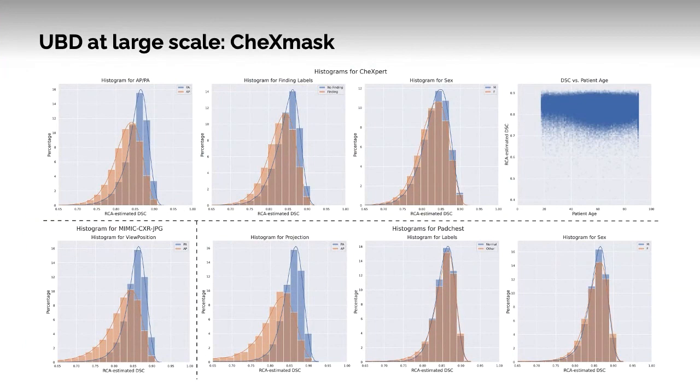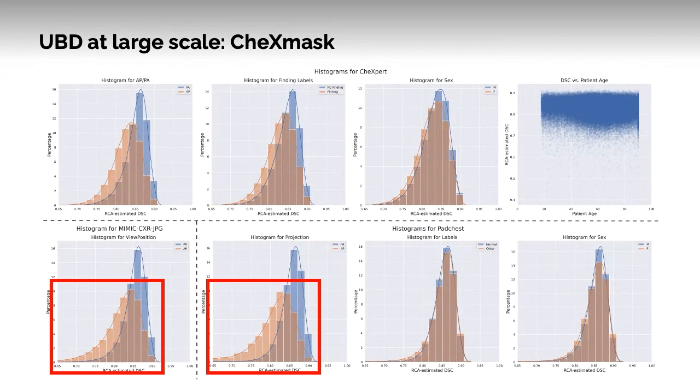So, when you take an X-ray image, you can take it with the machine here or with the machine here. And we observed that the distribution of estimated DICE for anterior posterior is lower than the distribution estimated for posterior anterior.